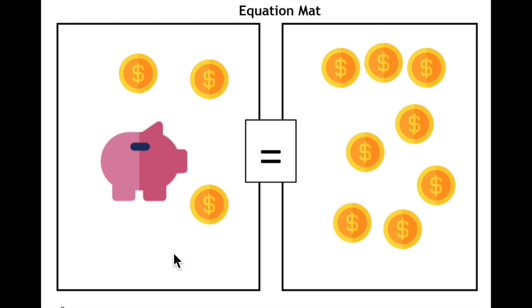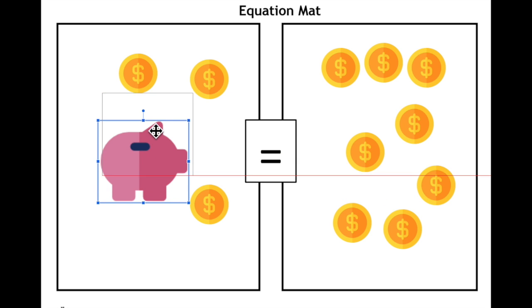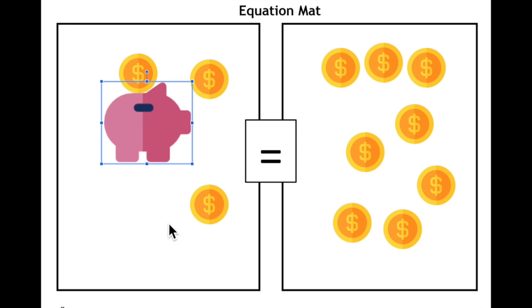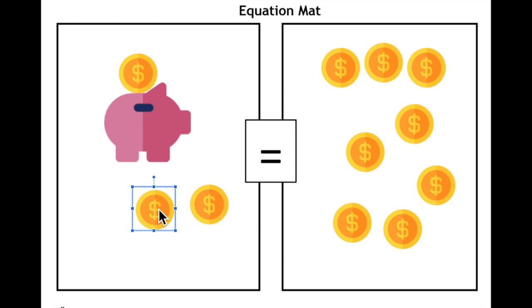I'd like you to think about it. How many coins must there be in the piggy bank so that there are an equal number of coins on each side? If you know already, you can put in your answer and explain how you know.